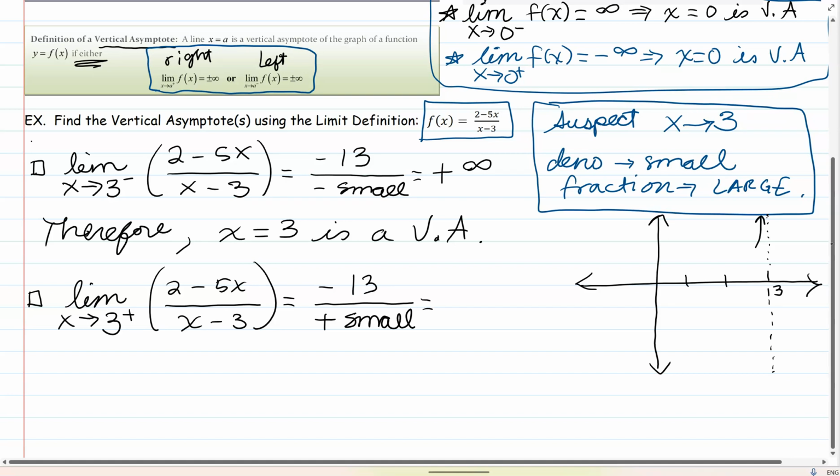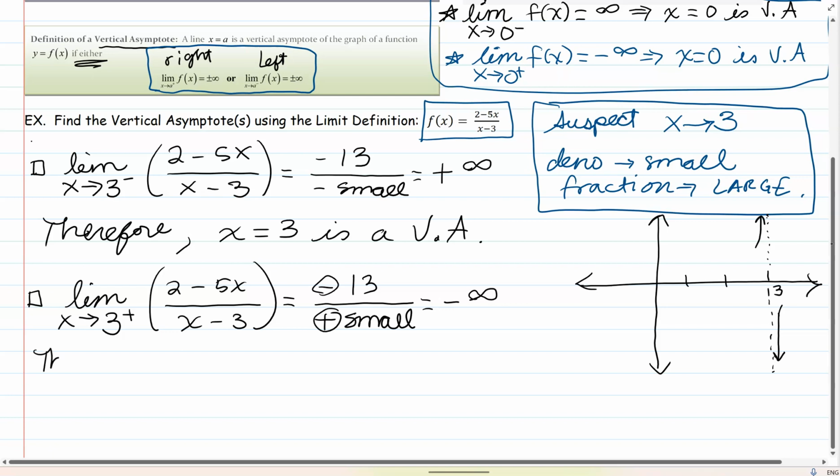Negative divided by a positive is a negative, and 13 divided by a small value is a very big number. So our function is approaching negative infinity when x is approaching 3 from the right.